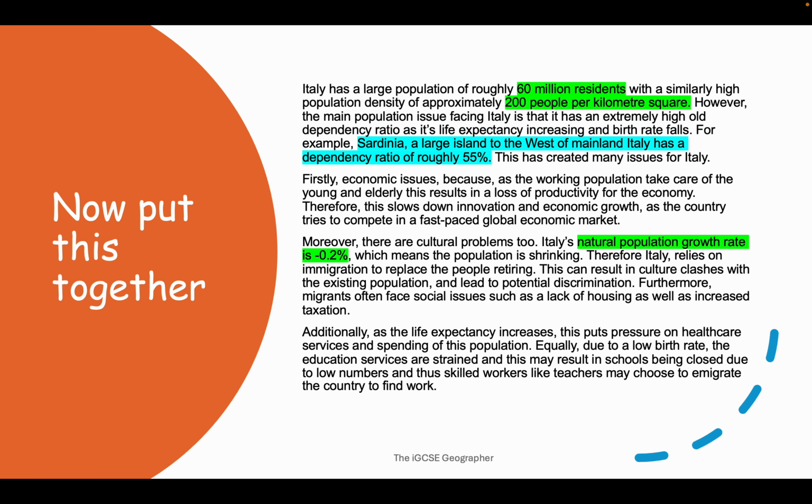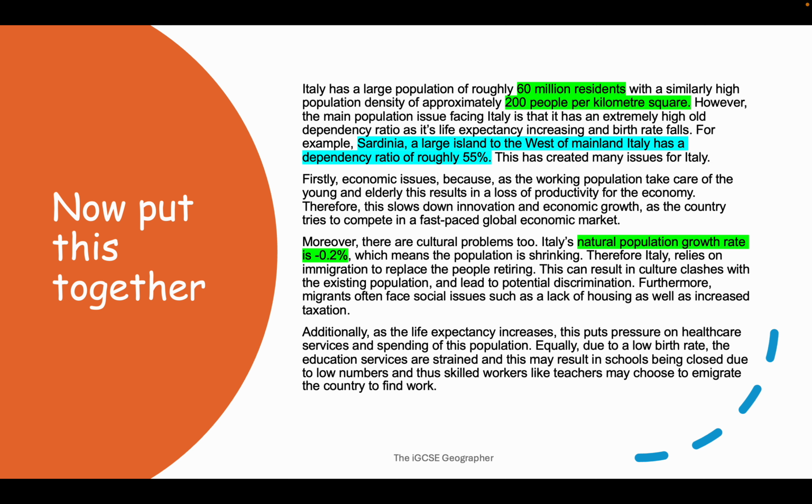So this is how it may look. As always, I've highlighted in green some of the data used. Okay, and in blue, it's place-specific references. So I'll read it for you together. So Italy has a large population of roughly 60 million residents with a similarly high population density of approximately 200 people per kilometre square.